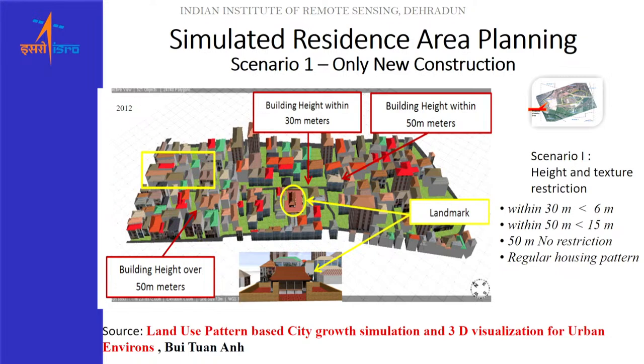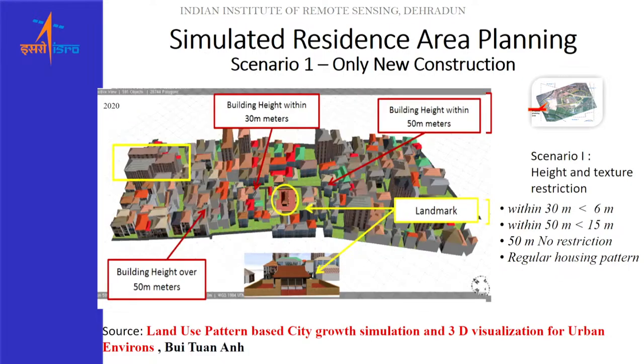Similarly, these are basically policy decisions which are local. Then there may also be cases where different planning-related policies can be implemented. So this is an example where, if there is no change in policies, how does the current scenario look?